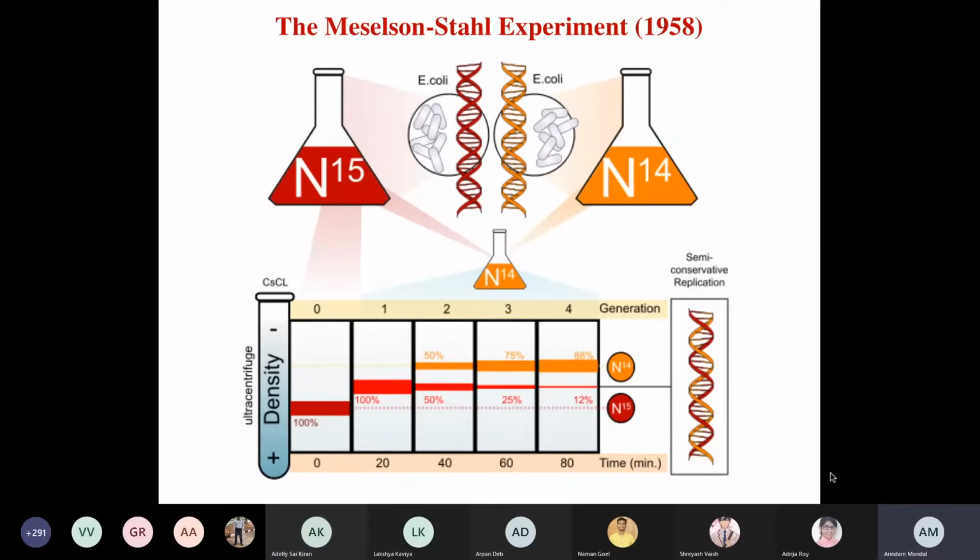The heavier the mass, the higher the centrifugal force, and as a result it will penetrate more in the density gradient. So heavy DNA, which contains N15, will penetrate the most. DNA containing N14 will penetrate less. If the DNA contains one strand of N15 and the other strand of N14, it will penetrate an intermediate distance. Is it clear?